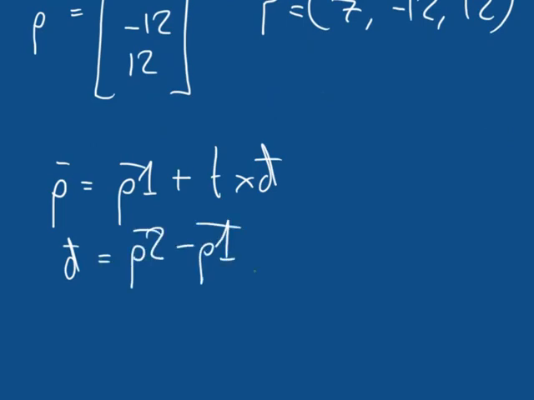So we use the position vectors P1 and P2 to define the direction vector D that travels between those 2 points. We then multiply that by some scalar value, and if we add that to the position vector that gives us one of our points, we then travel from the origin to that point, and then some direction along the line that passes through that point. So this is the vector equation of a straight line.